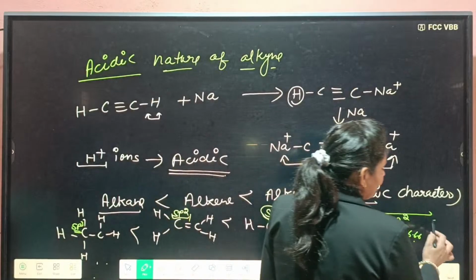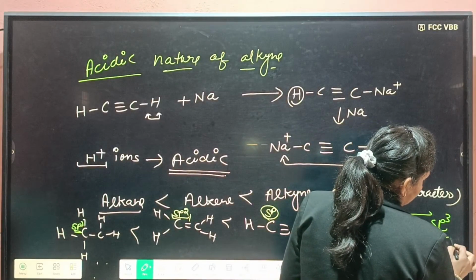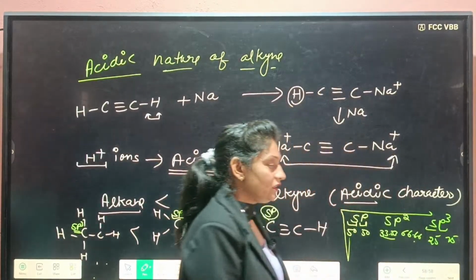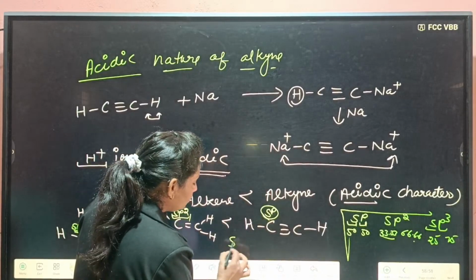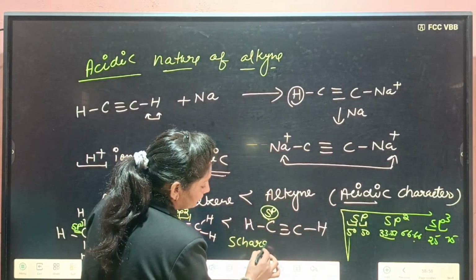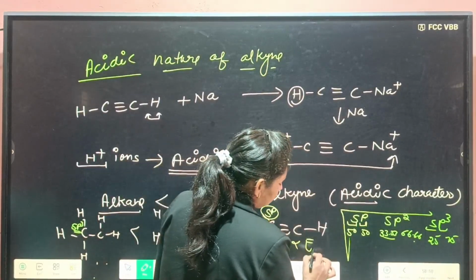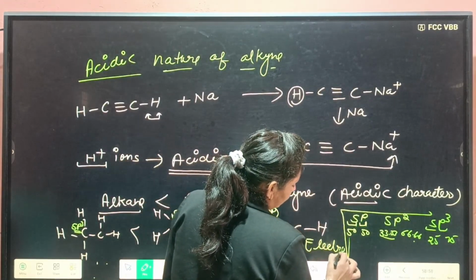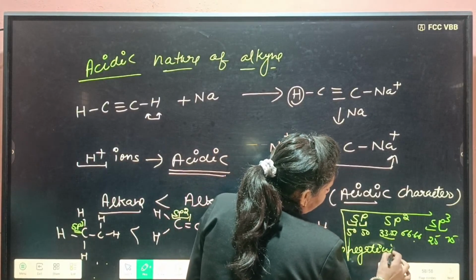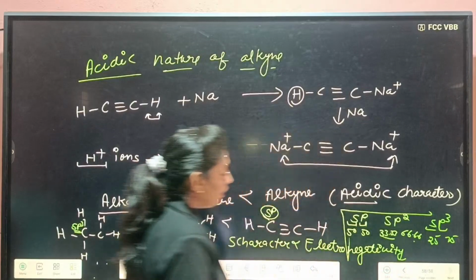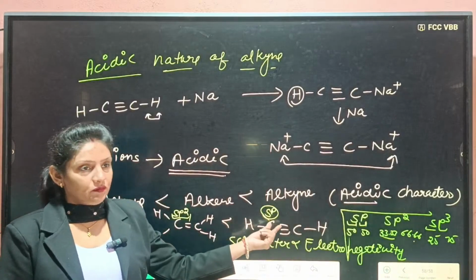And in case of sp3, it is 25 and 75. So S character is 25. S character is directly proportional to the electronegativity. In case of alkyne, S character is maximum.